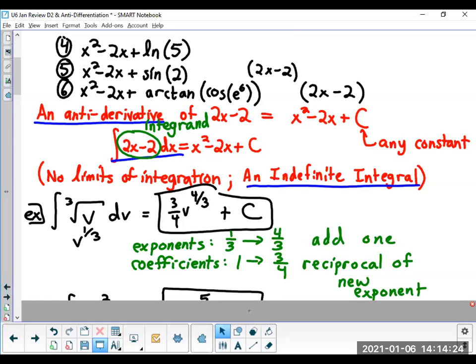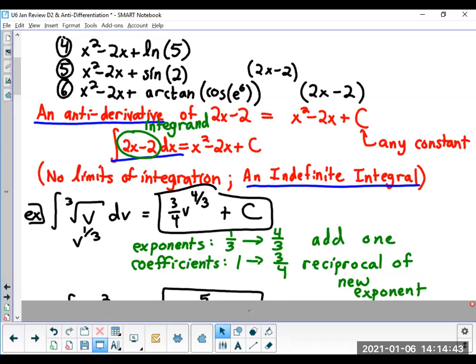So the answer to that can be very unhelpful and very brief, and it is take the derivative of 3/4 v to the 4/3 power plus c. What do you get? Do you get v to the 1/3 power? The answer is yes. How come?